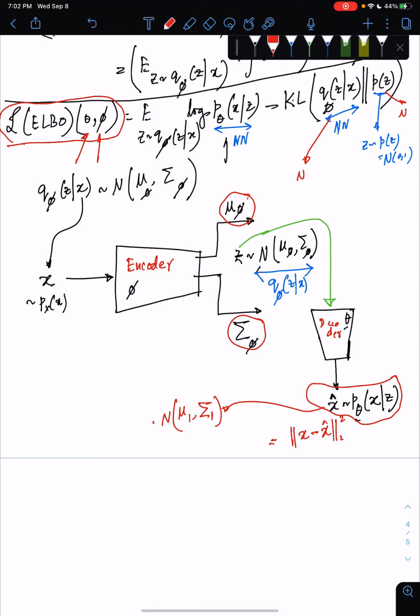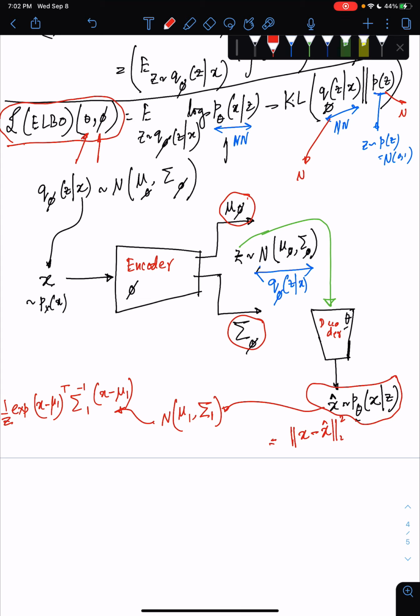If it is a multivariate Gaussian distribution, the form is 1 by Z, where Z is a normalization constant, times x minus mu1 transpose sigma inverse x minus mu1.